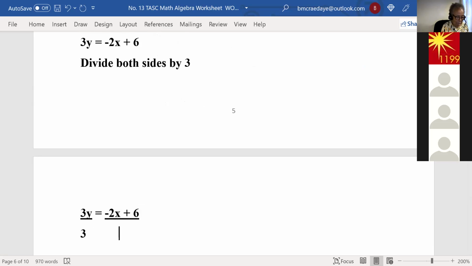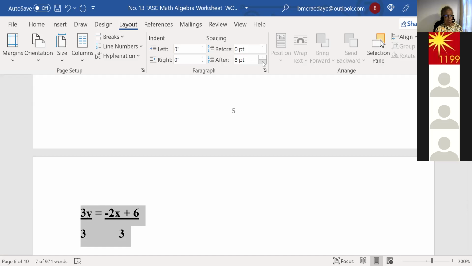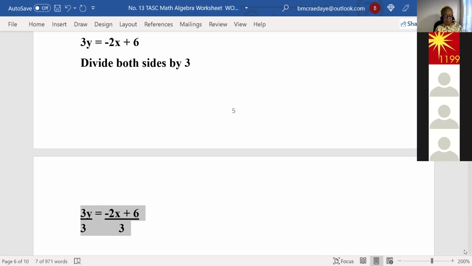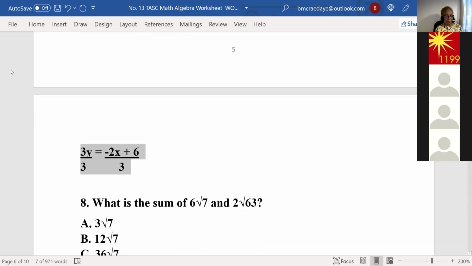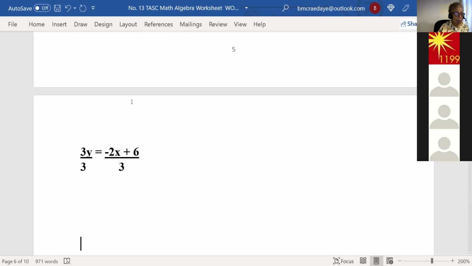So Vanessa, what do I have left on the left side? You have y. Very good. I just have y. On the left side, 3y divided by 3 would just be y. So y equals.